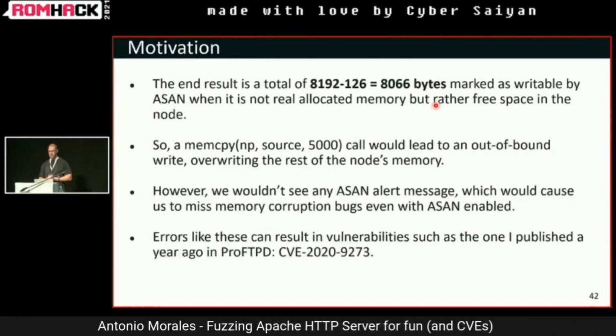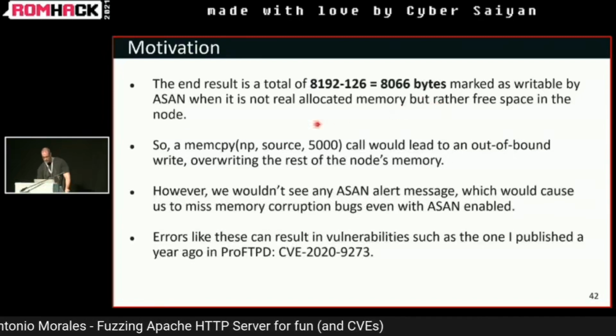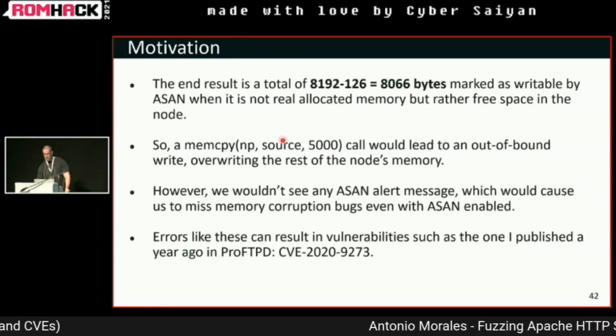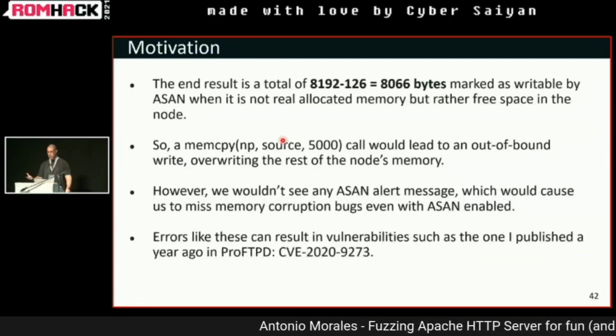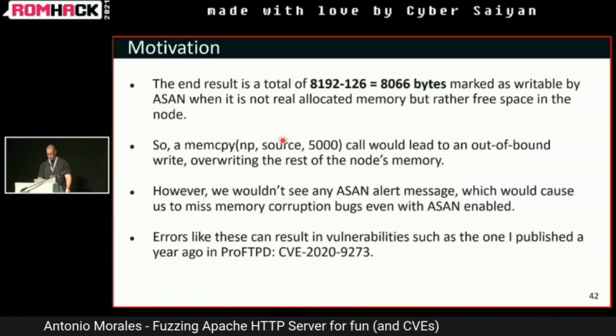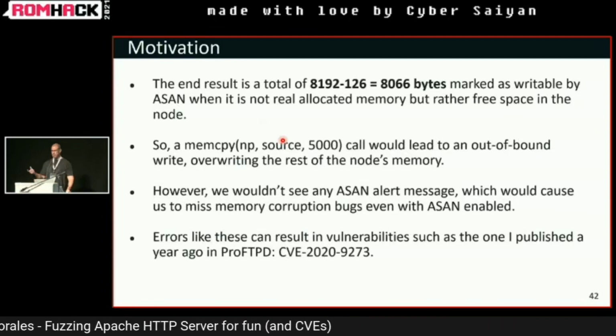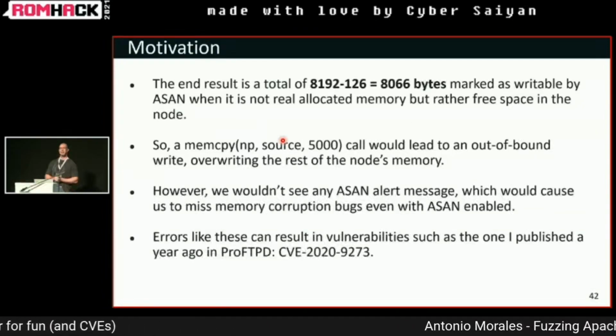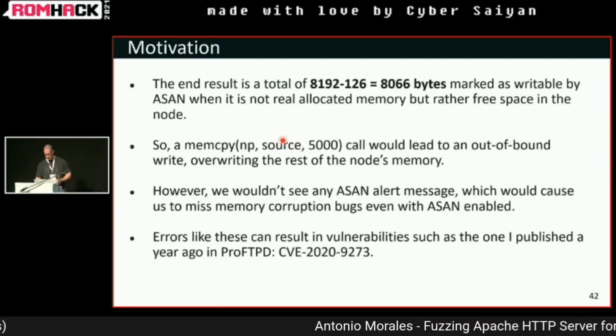So for example, imagine that we call memcpy with a size of 5,000. This will lead to an overwrite of the rest of the node's memory, because our buffer is of 128 bytes.